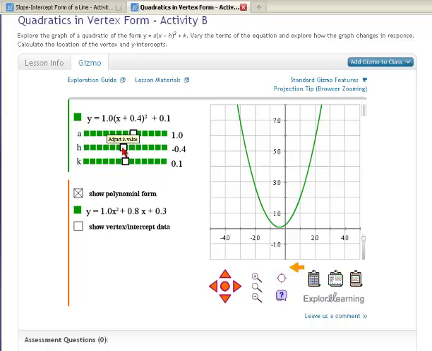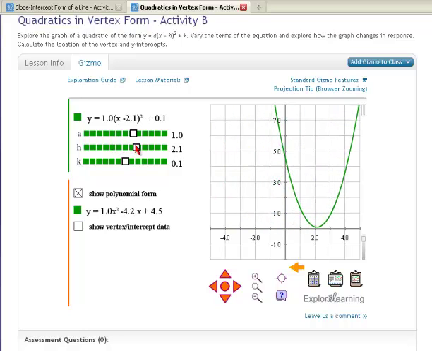The only thing that the kids might have difficulty with, although they don't seem to have too much difficulty remembering, is that if it's x plus, it moves to the left, and if it's x minus, it moves to the right. They seem to be able to remember that they have to flip that over. But the simplest thing to do is to remind them that the formula is actually y equals a times x minus whatever letter, squared, plus whatever letter.